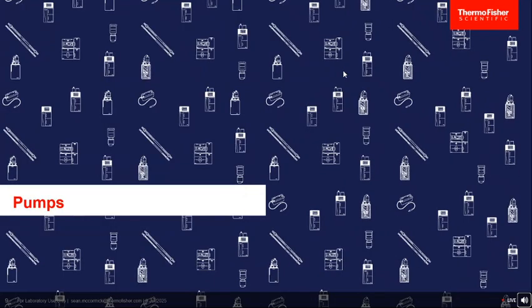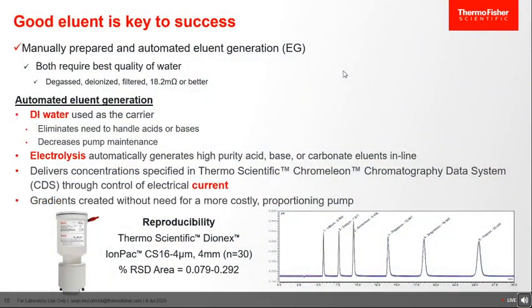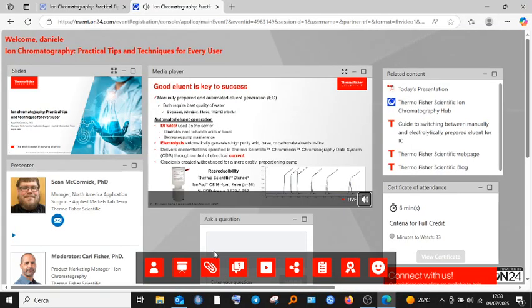Let's start with discussing pumps and, more importantly, eluent. One thing all ion chromatography systems require is good eluent. The eluent can be made manually or prepared using something like automated eluent generation. In both cases, you'll need high-quality water.